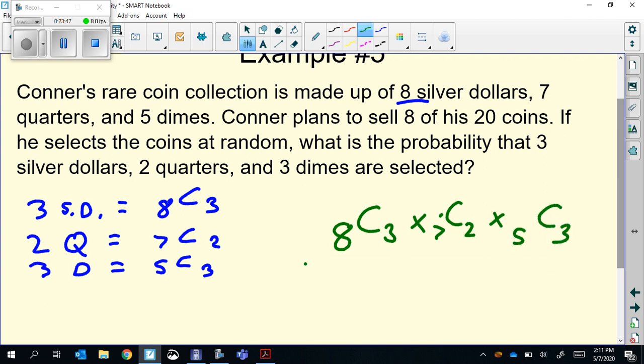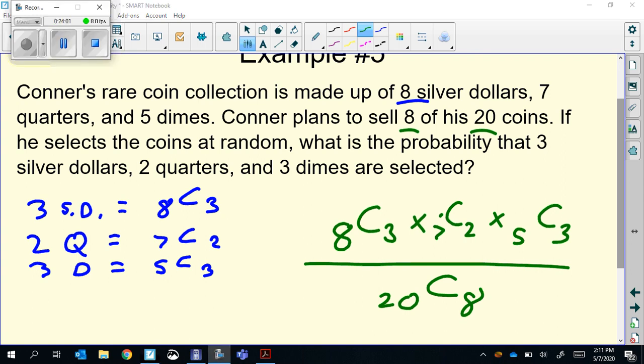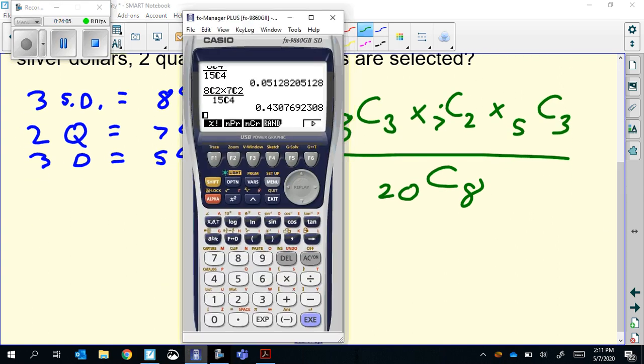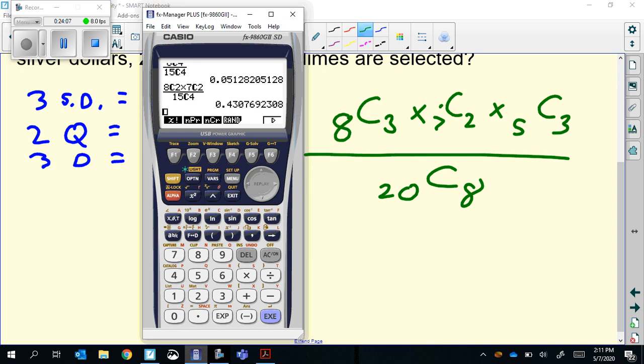And then our denominator is just how many different ways can he choose those coins. And we are choosing a total of 8 out of his 20. And I am just going to type all of this into the calculator and let the calculator do all the work.